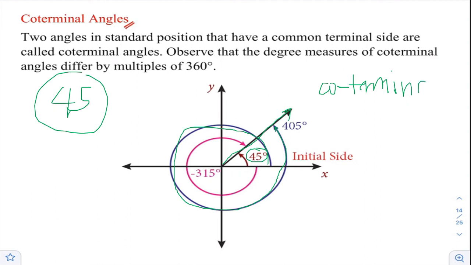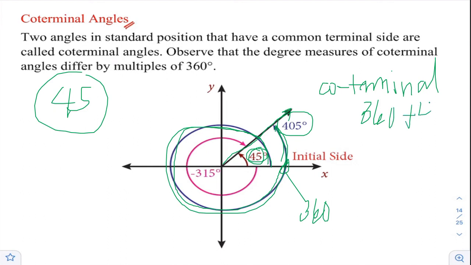At yung co-terminal na yon, you need to solve the angle. And that will be 405 because isang rotation na yan is exactly 360. So 360 plus 45, the answer here is 405 degree.